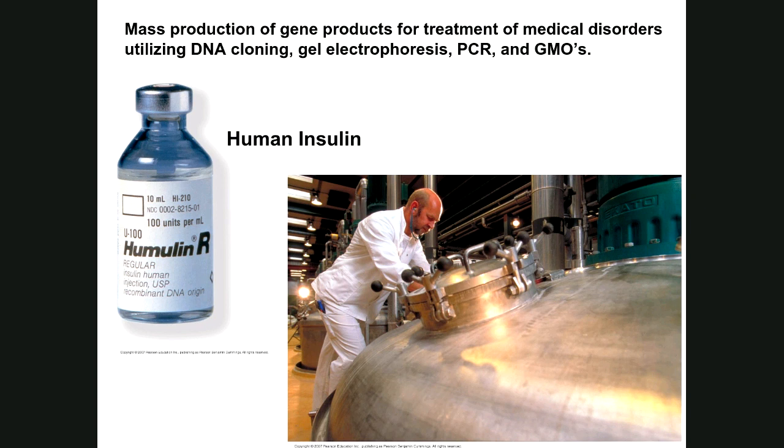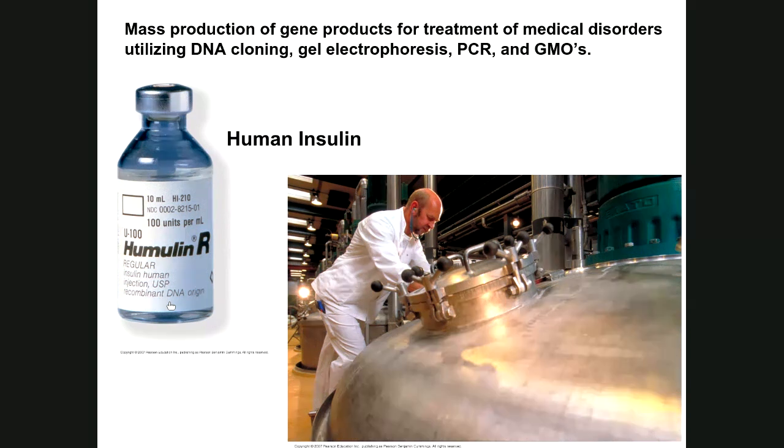And then what they're not showing you is that these transformed bacteria that are producing human insulin, they would then take this entire solution, put it through a purification process, eventually isolating the human insulin, and then marketing it, offering it to those that are diabetic, such as type 1.